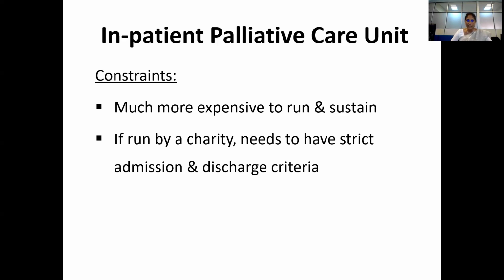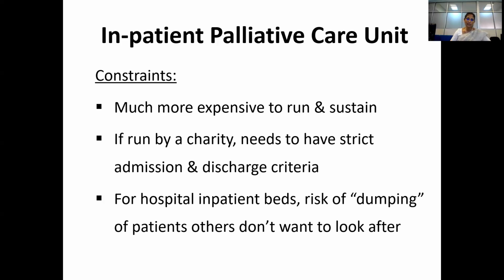If run by a charity, you need to have very strict admission and discharge criteria. Also, if you have a hospital inpatient bed unit as a palliative care unit, there's a small risk of dumping of patients. Others don't want to look after, so that problem will also come.